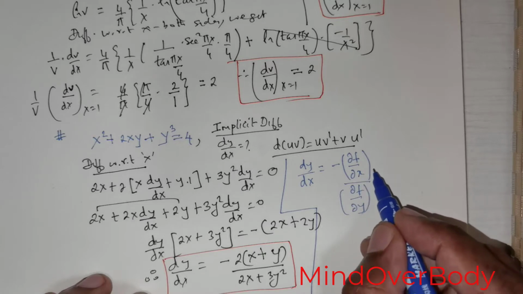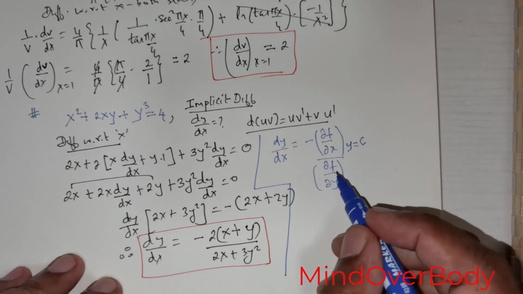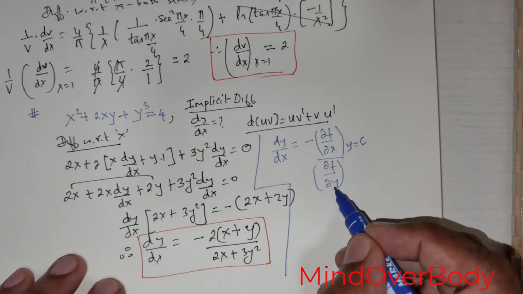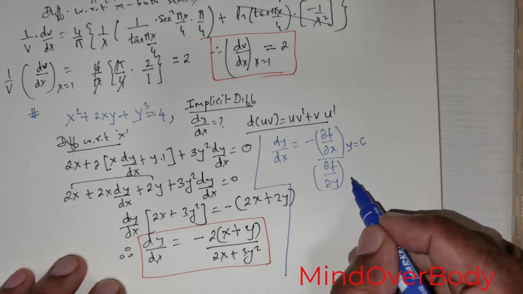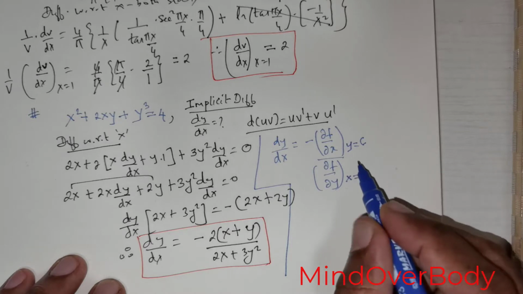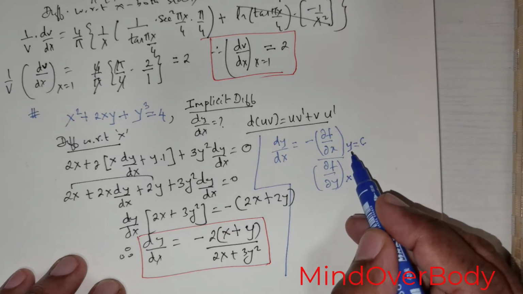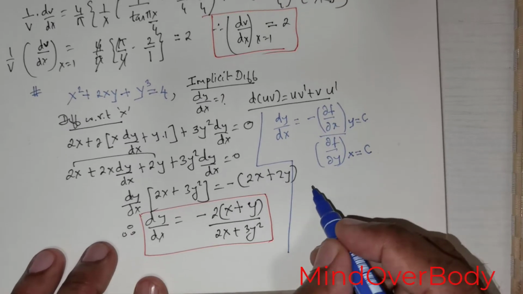When this is happening, you are actually treating y to be as some constant. In this case, differentiating the function with reference to y partially, when this is occurring, you are taking x to be as some constant. You clearly know differentiating a constant will give us 0. So we have been given this.